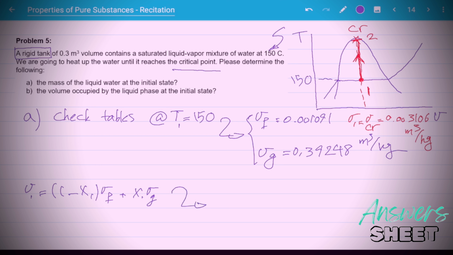Now I'm going to play with the equation to find the quality. That will be the specific volume minus the specific volume of saturated liquid, over the specific volume of saturated vapor minus the specific volume of saturated liquid. Now plug in the numbers that we have.